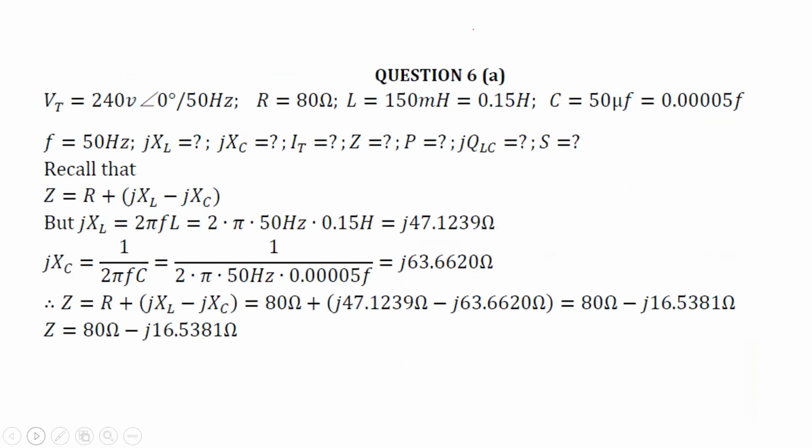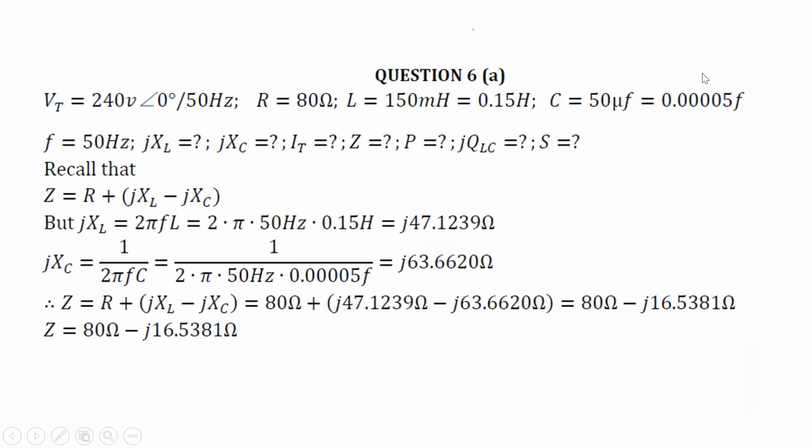So for question 6a, this is our voltage, which is 240 volts at an angle of 0 degrees, at 50 Hz. Then our R is 80 ohms. Our inductor is 150 millihenry, which is equal to 0.15 Henry.